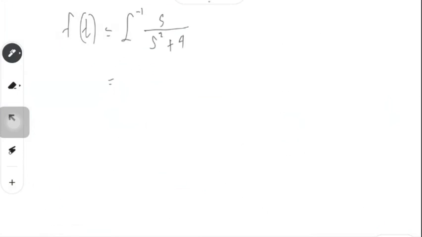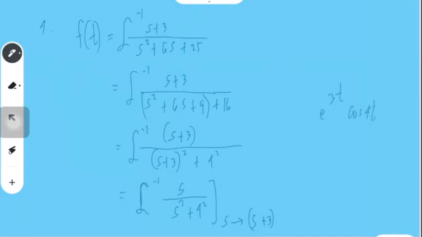Based on the table. Hello, based on the table, ano yung lumalabas na transform nito? Sir, cosine 4t po. Oo, so ito yung magiging cosine of 4t. Kung s lang yon. Kaso, yung s natin dito is actually s plus 3.